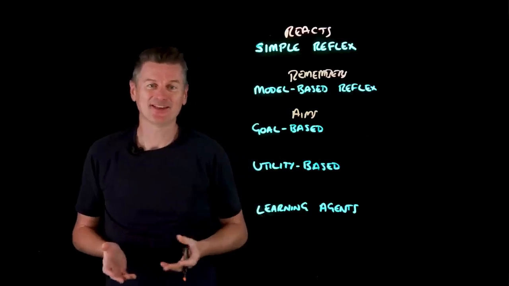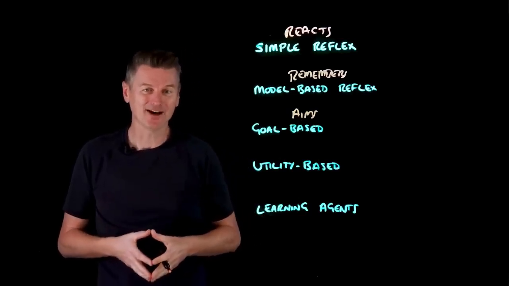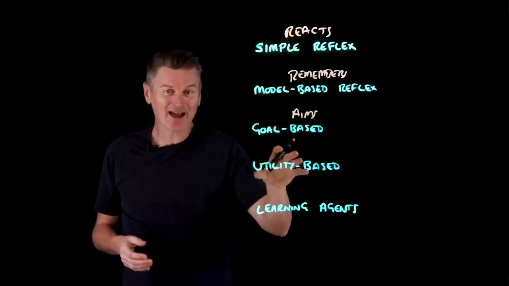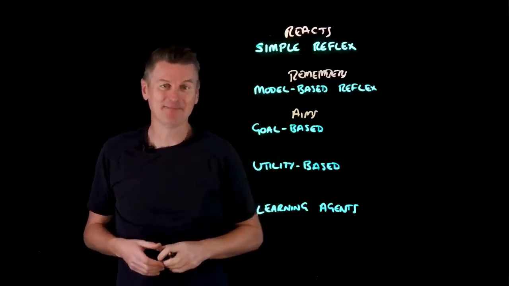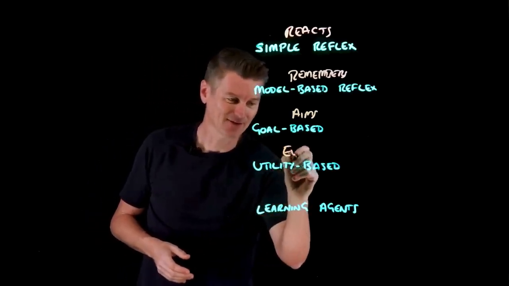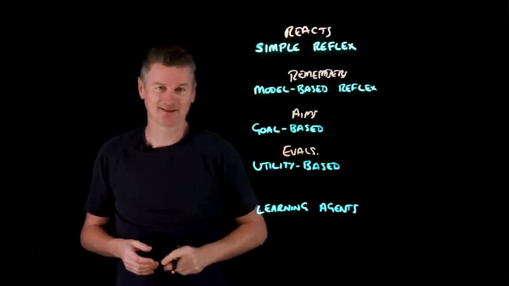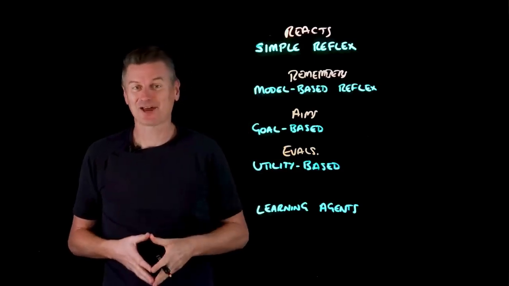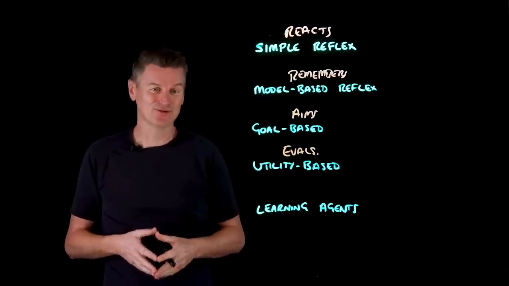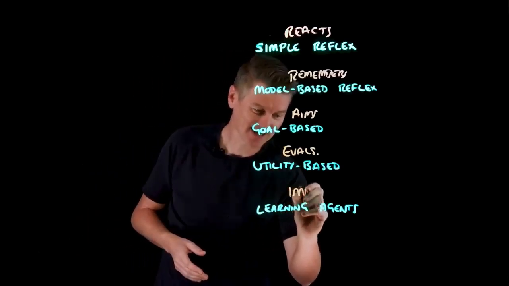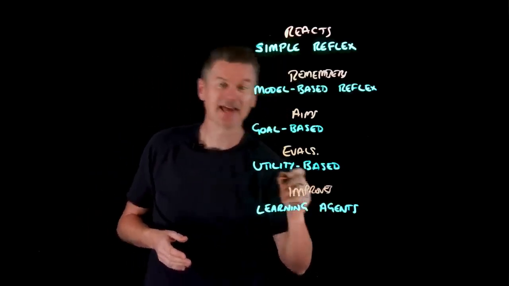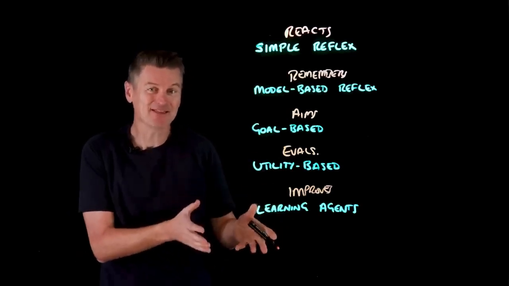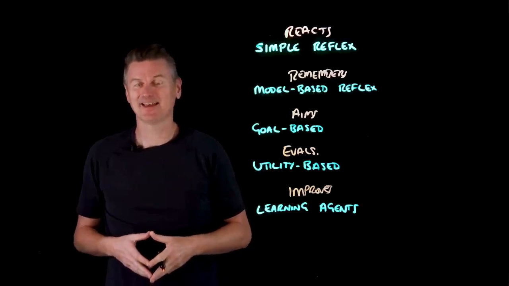It aims by using goal-directed behavior, but any way of meeting that goal will do. Whereas a utility-based agent takes a different path. It evaluates. It does that by choosing the best outcome, but requires an accurate utility function to do so. And then a learning agent improves by learning from experience, but this can be the slowest and most data-intensive process.